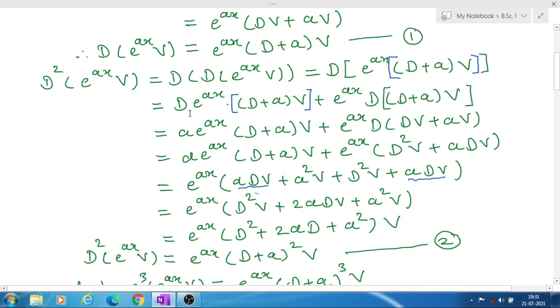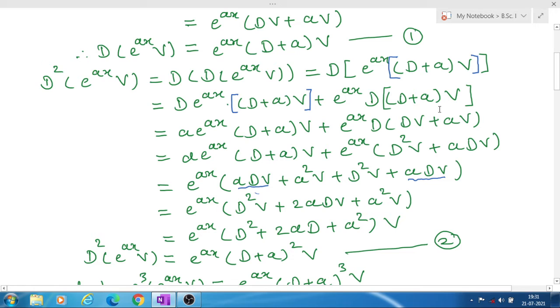The derivative of e raised to ax is a into e raised to ax, so a e raised to ax into D plus a v, plus e raised to ax and now the derivative of D plus a operates on v.